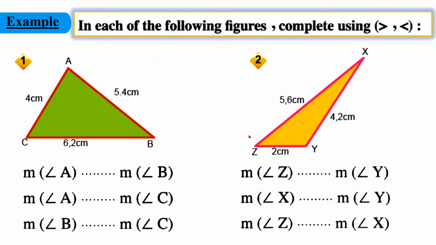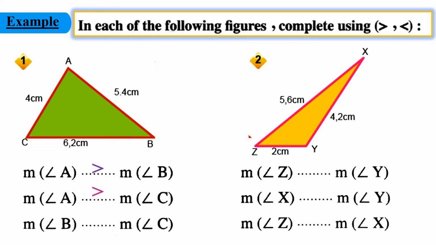Okay, so which is greatest, 6.2 or 4? 6.2 is greater than 4. That's right, so the measure of angle A is greater than the measure of angle B. And now the next one, the measure of angle A and the measure of angle C. Angle A is opposite to the side BC, which is equal to 6.2, and angle C is opposite to the side AB, which is equal to 5.4.